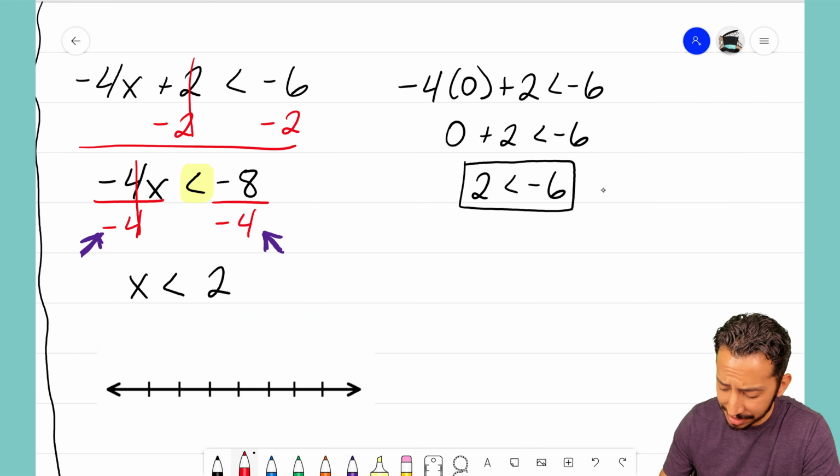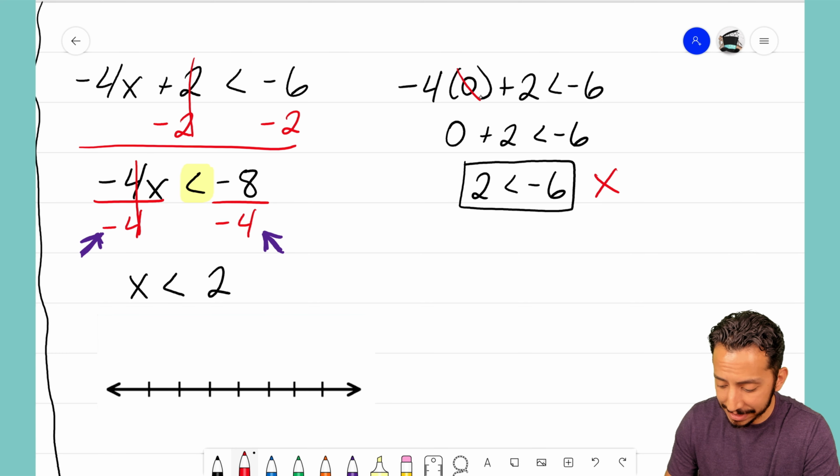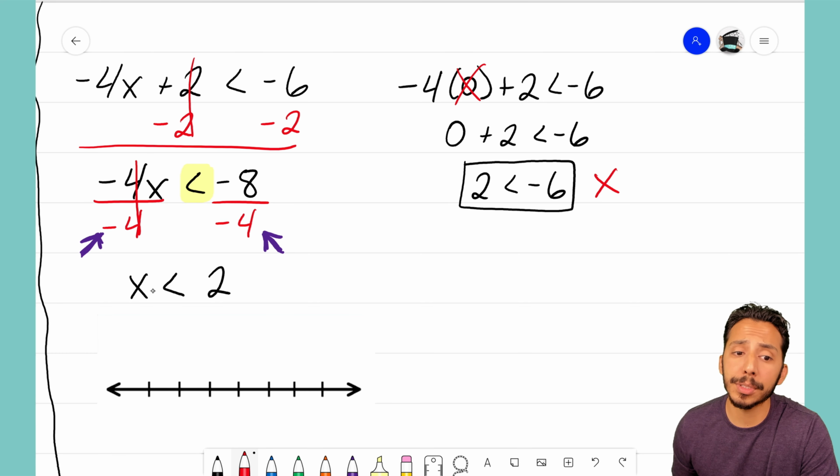That right there is not a true statement. 2 is not less than negative 6, which means then that 0 is not a solution to this inequality. We're not talking about numbers less than 2, because less than 2, they don't work. We see here that when I plugged in a number less than 2, our statement at the end was false.